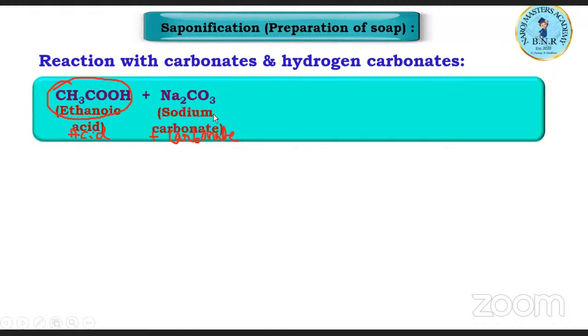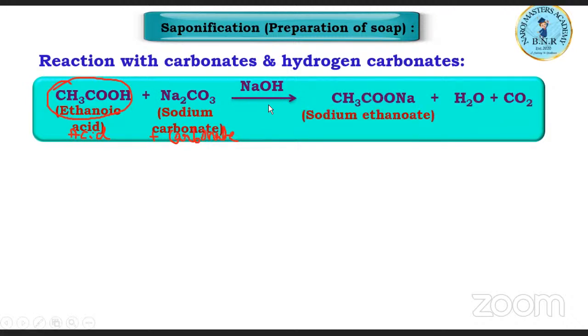Ethanoic acid plus sodium carbonate gives a reaction in the presence of base solution. And ethanoic acid and alcohol react in the presence of acid. Is it right? The previous equation is in the presence of acid and this equation is in the presence of base.